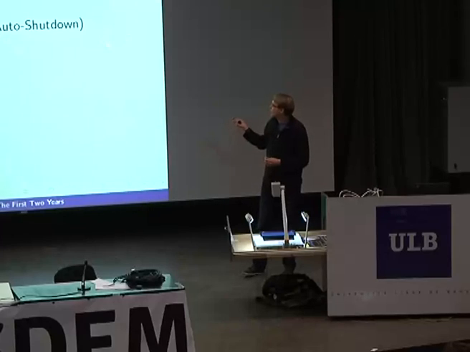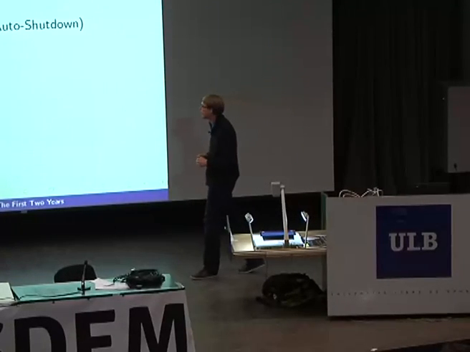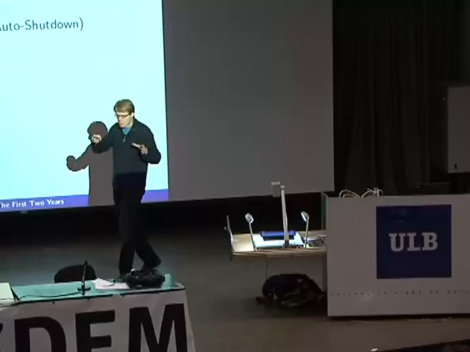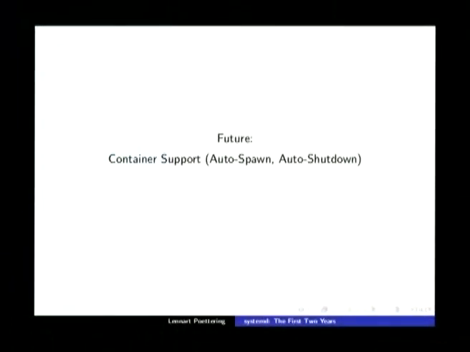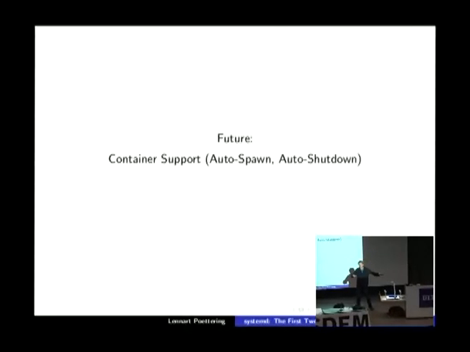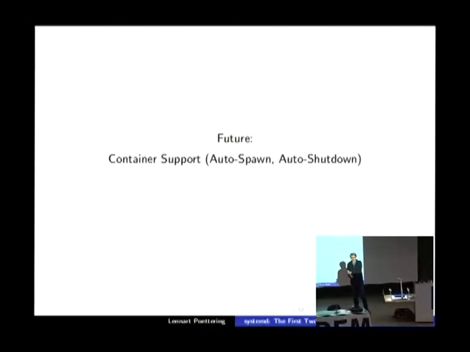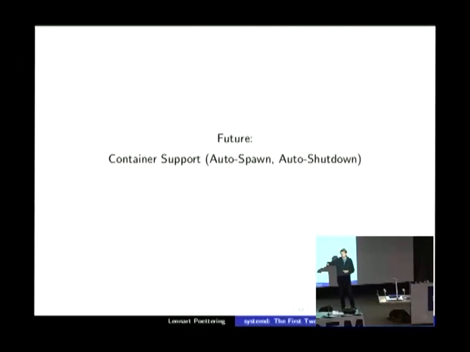This also goes on the other side, auto shutdown, which basically means we have to figure out when the container is idle to shut it down again so that you make the best of your resource usage. The auto shutdown stuff is actually really interesting because of what I talked about earlier: we want to cover the whole range of Linux usage from embedded to desktop to server.